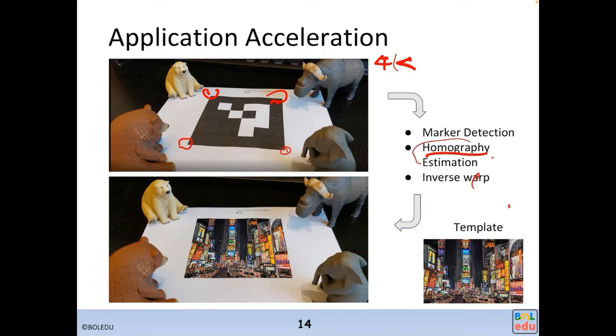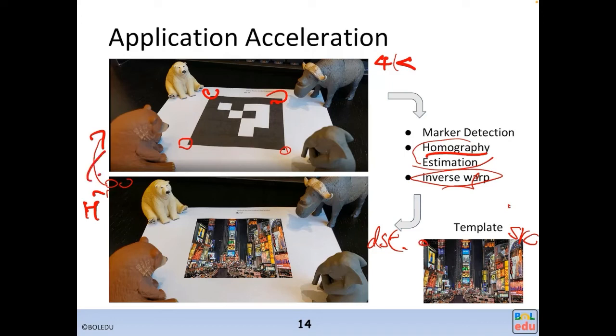So actually what this work did is the inverse warp. We determine each pixel in the destination image, and we ask what is the source pixel after applying the inverse homography transform, and we pick the correct value. Actually, our source image is from the template here.